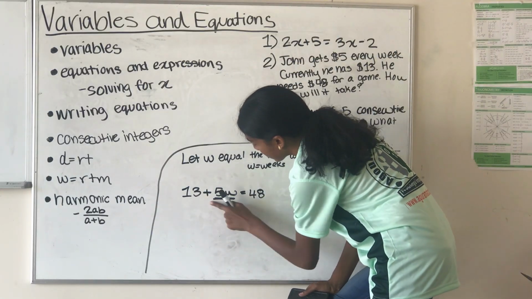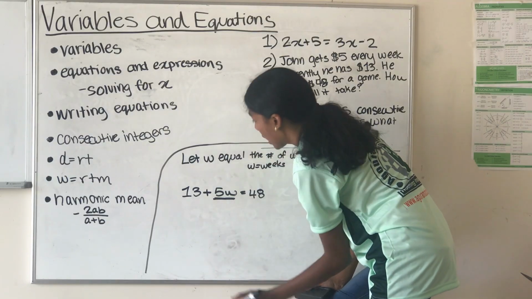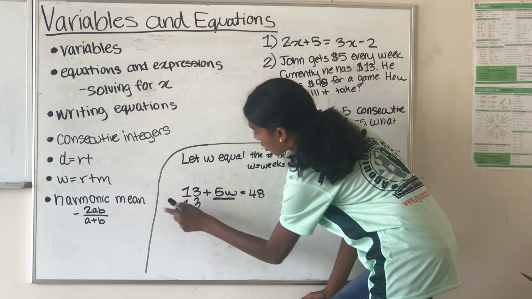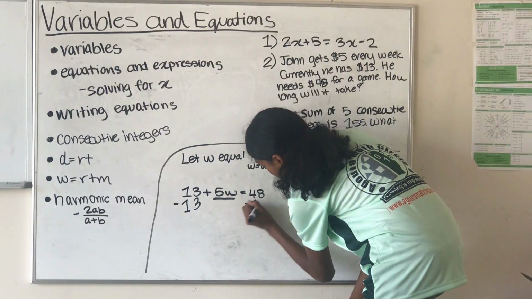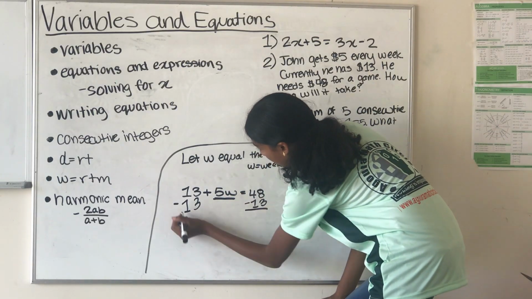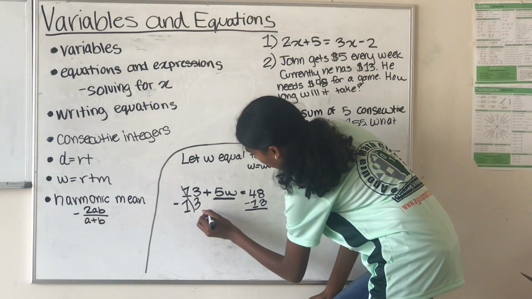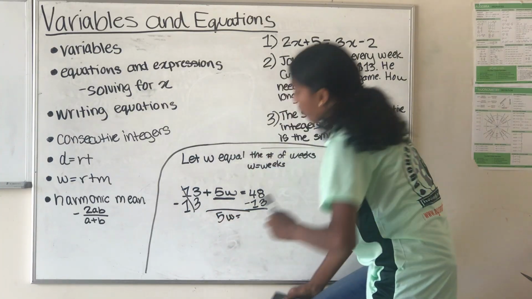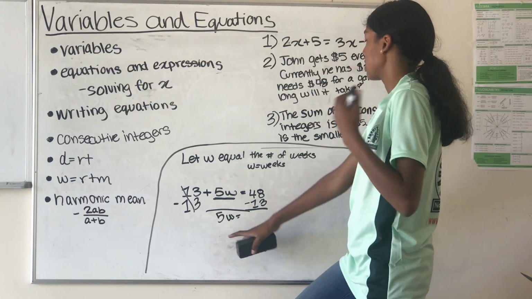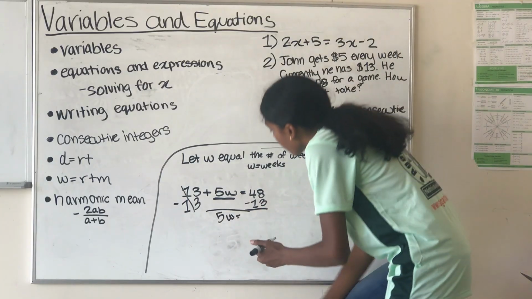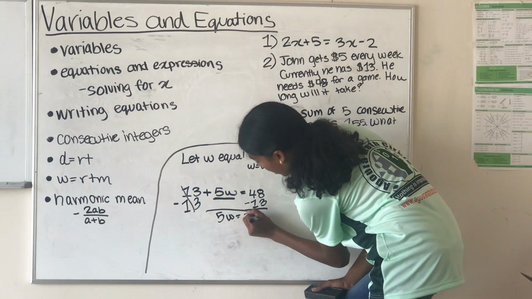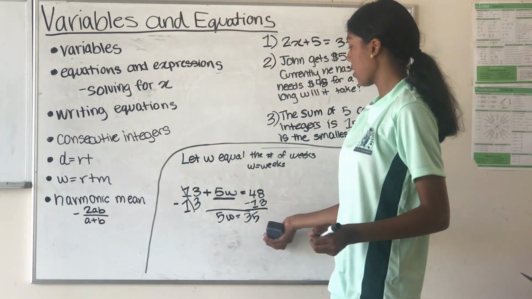So we want to isolate this term. So we're going to subtract 13 from each side because that way it will become 0. That cancels out, and we'll get $5 every week for W equals $35.